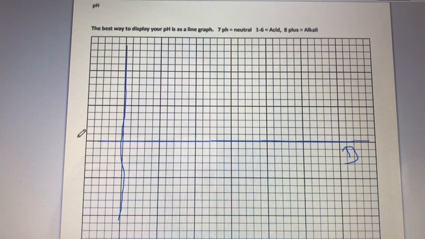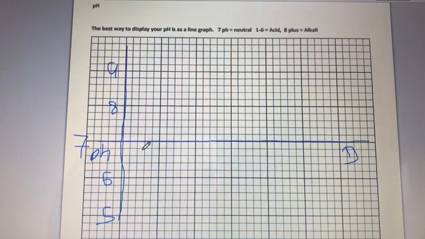We're going to start with pH of 7 in the middle, because that's our neutral pH. And what we're going to do is try and have very subtle ranges. So we'll probably just go up to pH 8 and pH 9 there, and then pH 6 and pH 5 there. And then this is just our distances.